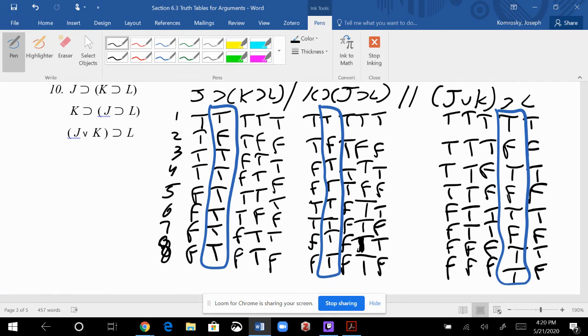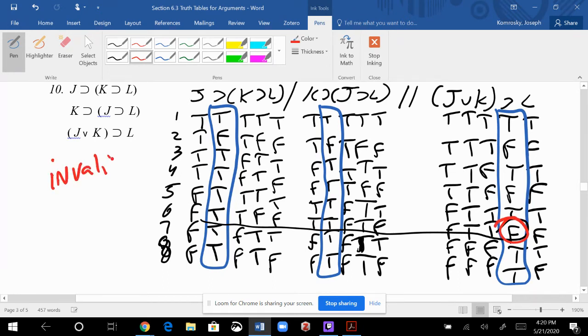Can anybody find it? Line 6, true, true, and false is the winner. So we know this whole thing is invalid. It fails at line 6.